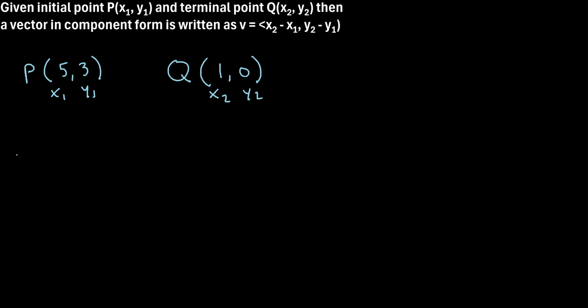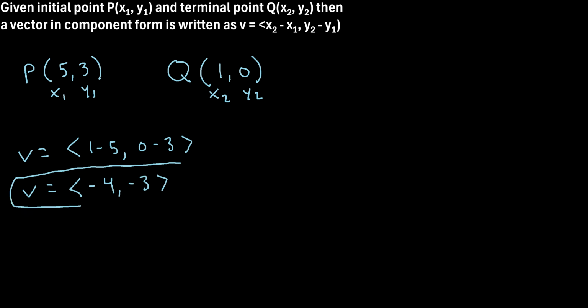Using the formula here, we can write the component form is x2 minus x1, so 1 minus 5, comma y2 minus y1, so that's 0 minus 3. So we get the vector in component form is 1 minus 5 is negative 4, 0 minus 3 is negative 3. So here's our vector in component form.